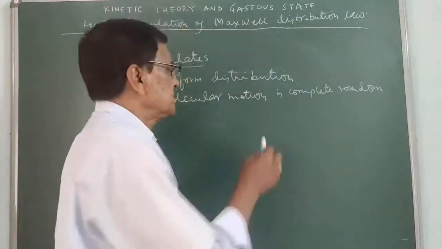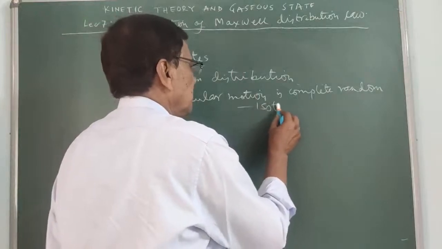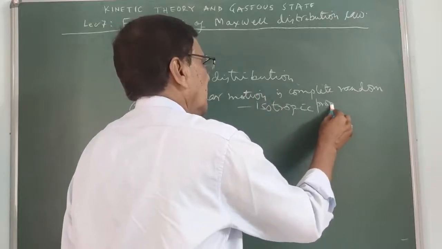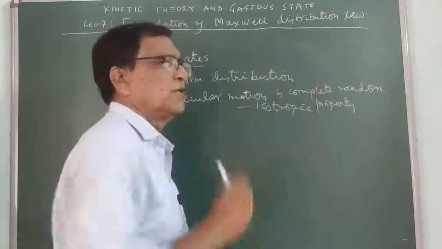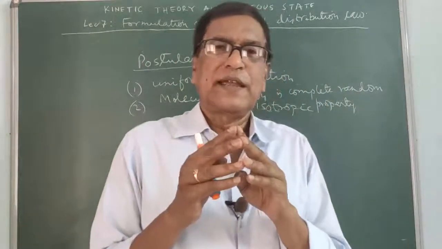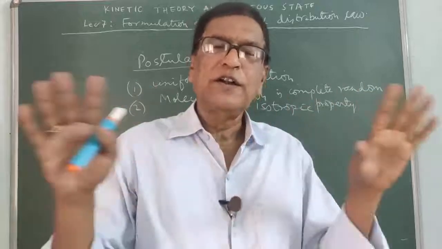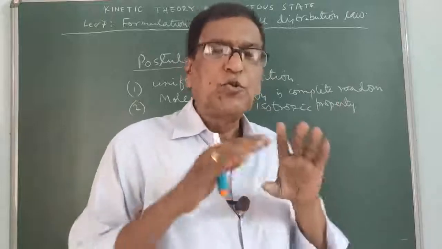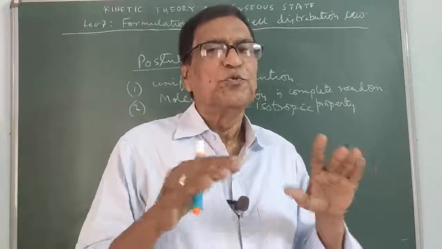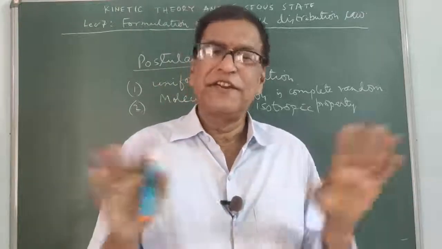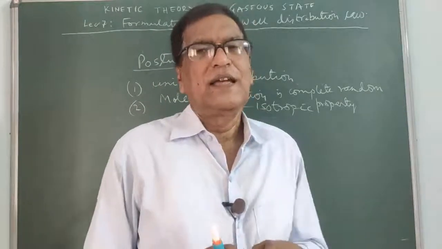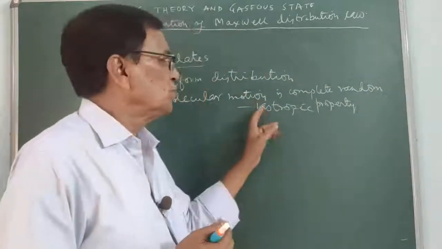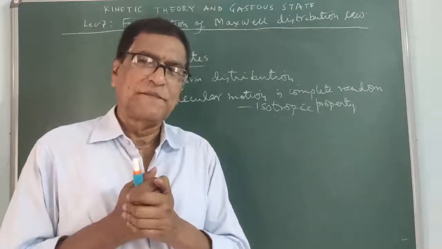And this one you can call the isotropic property of this molecular motion. The molecules can move in all directions with equal probability. They have no preference to move in a particular direction. Every direction has the same chance for this molecule to move. And this is the isotropic property of this molecular motion.